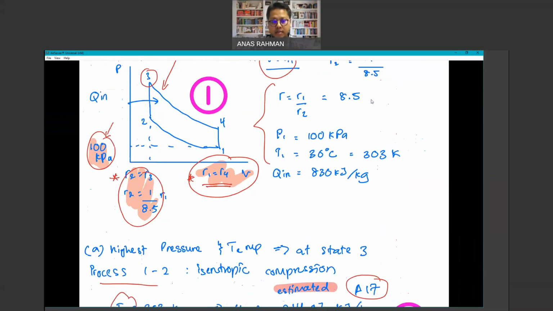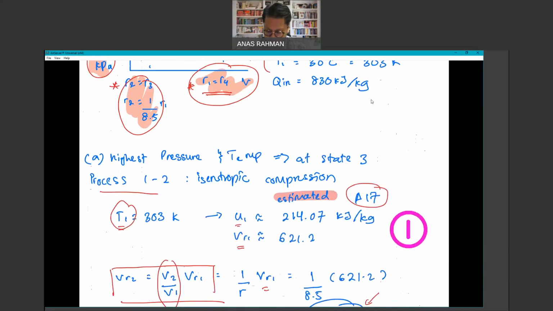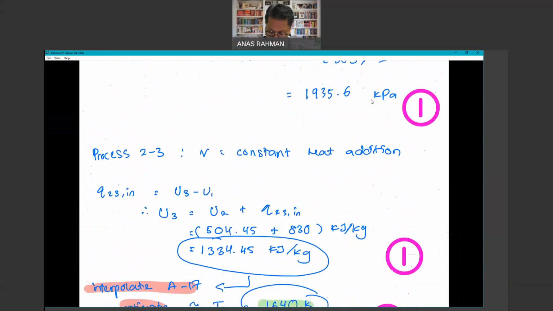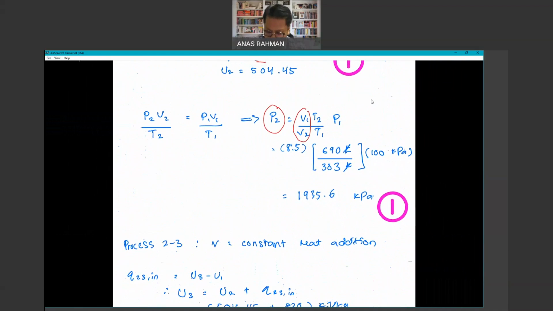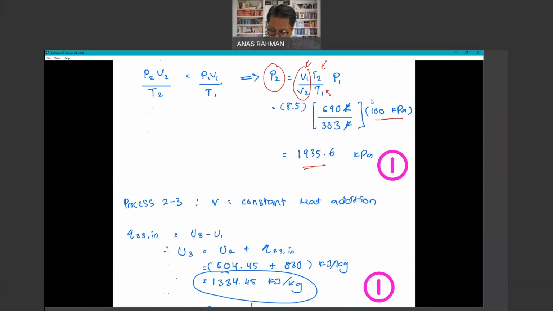All that is translated in the diagram. So let's go back over here. We know V1 and V2, that's the compression ratio. We know T2 and T1, just calculated from the tables, and we know P1. Substitute everything, you get your P2.